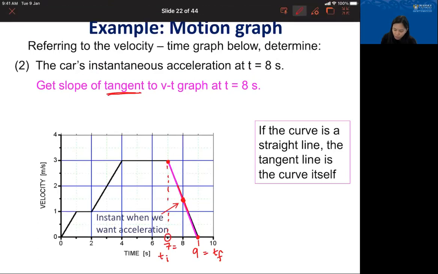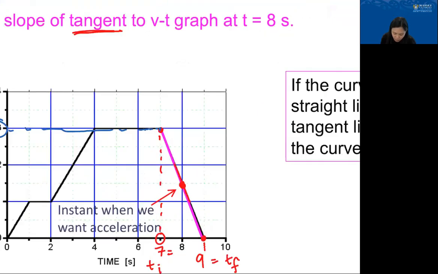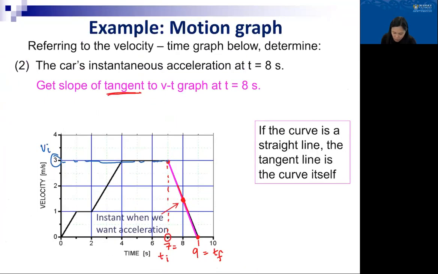right? And then for your, this is your starting point, so that will give you your initial velocity. Okay. That point that corresponds to your initial time. So this point that corresponds to your initial time should be your initial velocity, and this point that corresponds with your final time should be your final velocity, which is 0.